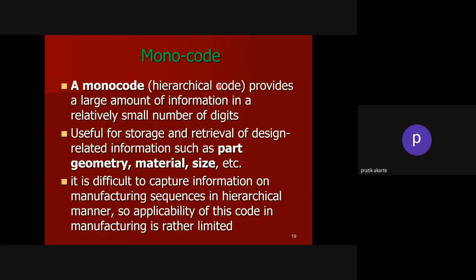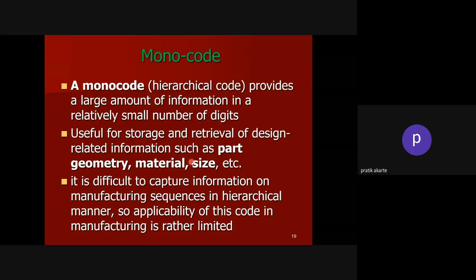So a monocode is a hierarchical code, which provides a large amount of information in a relatively smaller number of digits. So it is useful for storage and retrieval of design related information such as part geometry, material, size, etc. If we retrieve that code, depending upon the structure of the code or whatever the numbers involved in that particular code, you can easily store and retrieve the information about the part geometry, material, size, etc., as and when required.